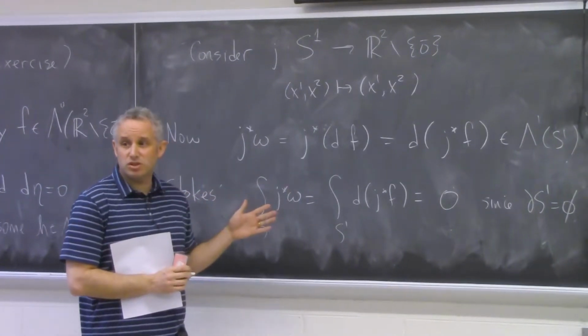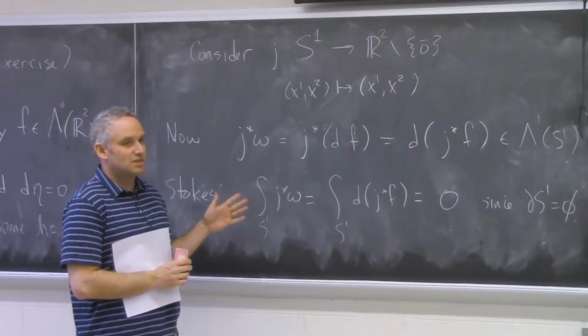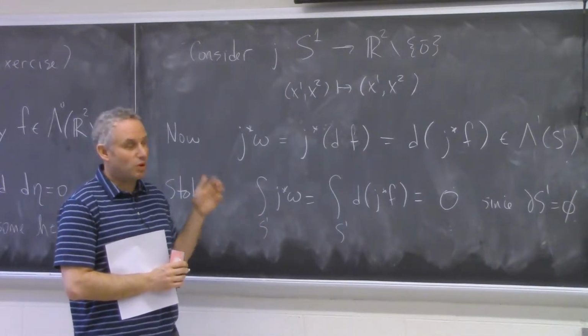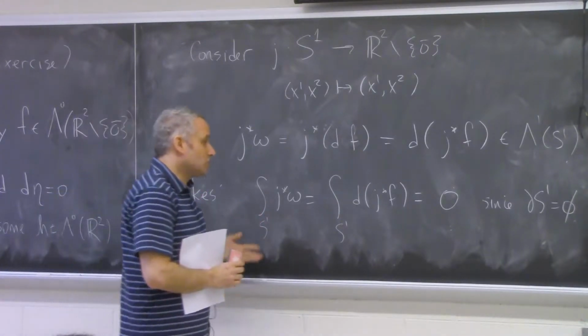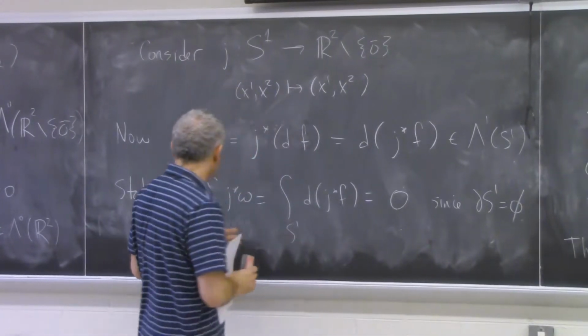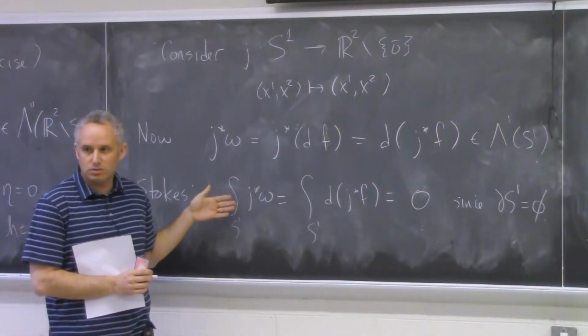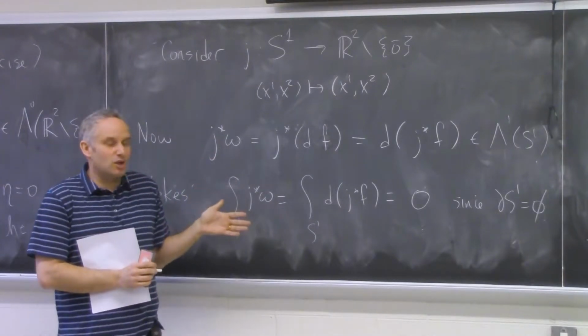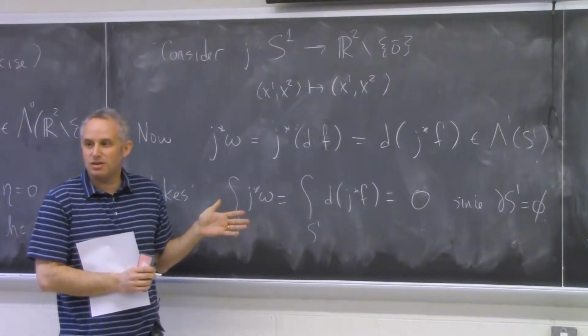Good question. Where's our contradiction? Well, we haven't gotten there yet. So what else can we do? We can actually just perform this integral. This is something we can do. And if we don't get 0, then that's a contradiction. Yes?